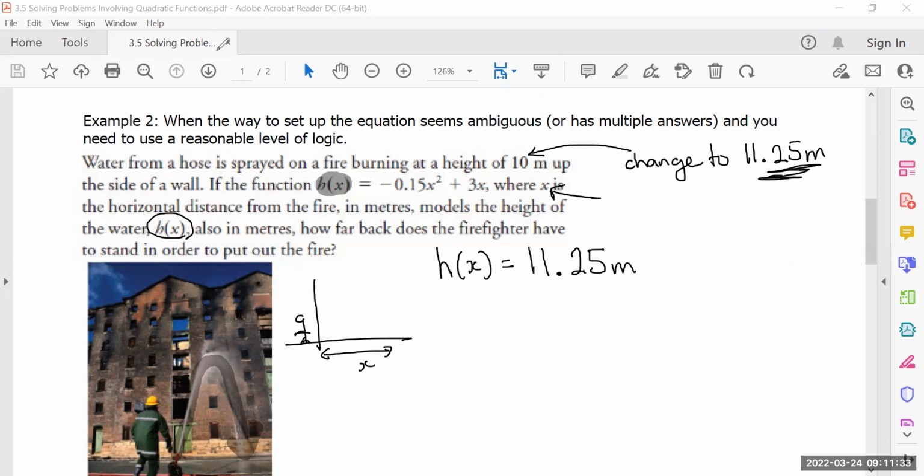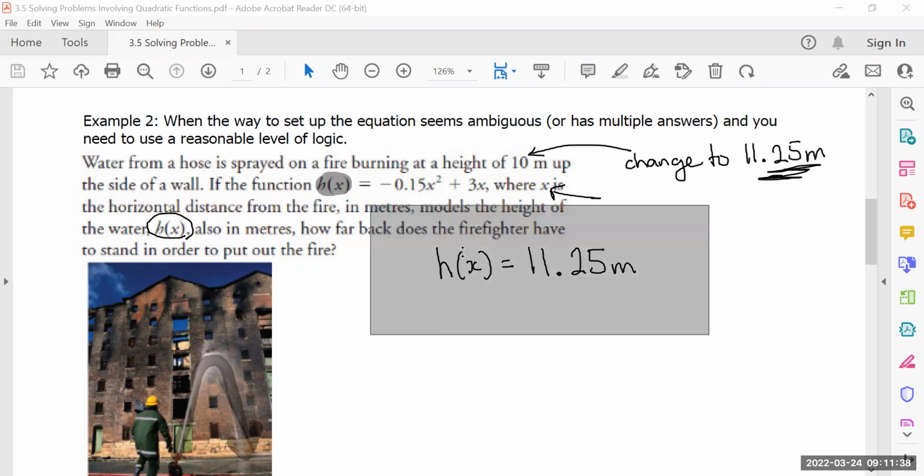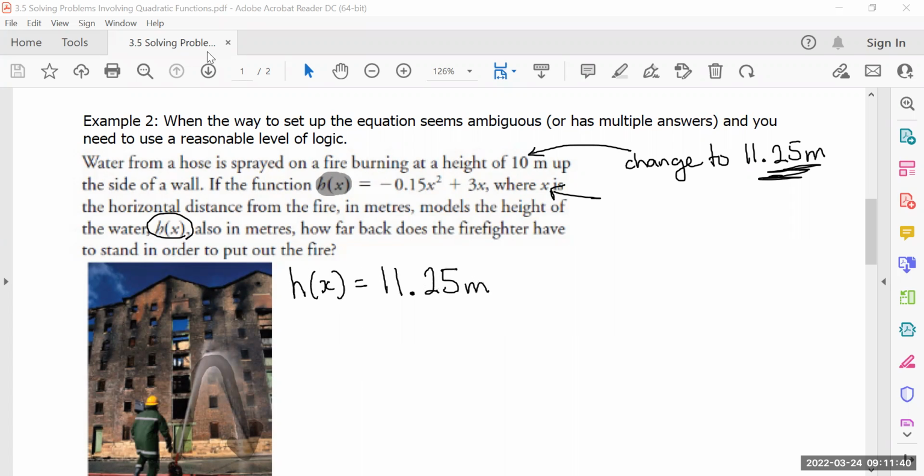So let's continue. We know that h of x has to be 11.25. I also know that the equation itself is equal to negative 0.15 x squared plus 3x. How far back does the firefighter have to be?